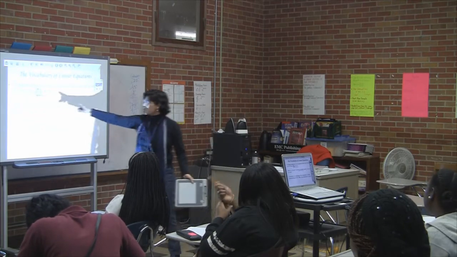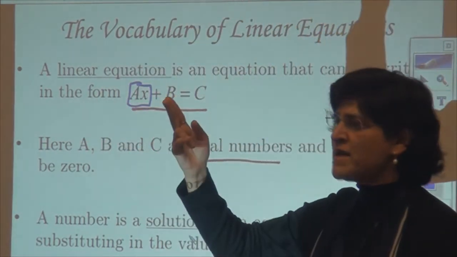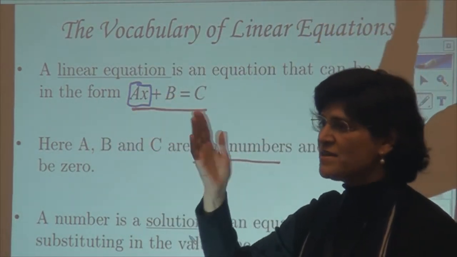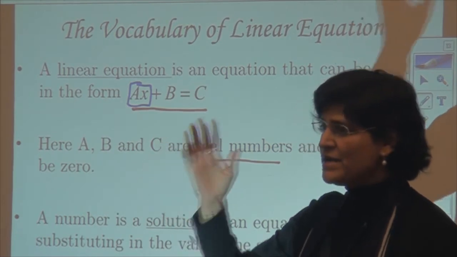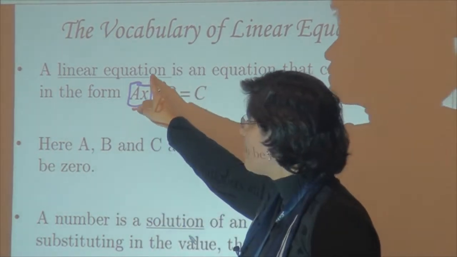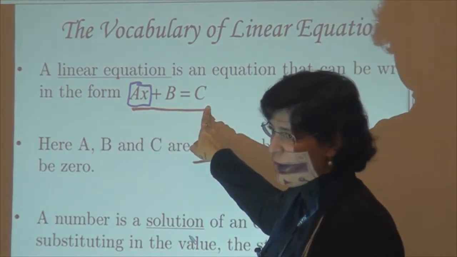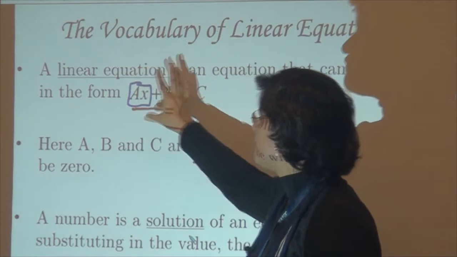The moment your exponent is 1 and your x is by itself, we can't have a combination. We can't have a product of x and y. It has to be x by itself and x is raised to the power 1. This is an example of a linear equation. So let's read the formal definition.